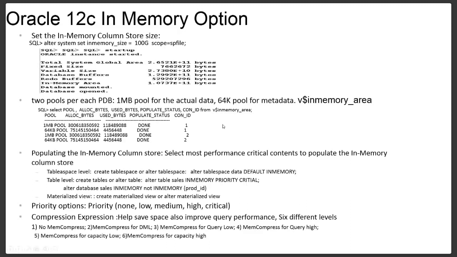Then there is the in-memory expression option. This option allows you to take advantage of the in-memory for queries such as select price times tax ratio from sales. Previously in 12CR1, the in-memory store would have two columns, a tax column and a price column.